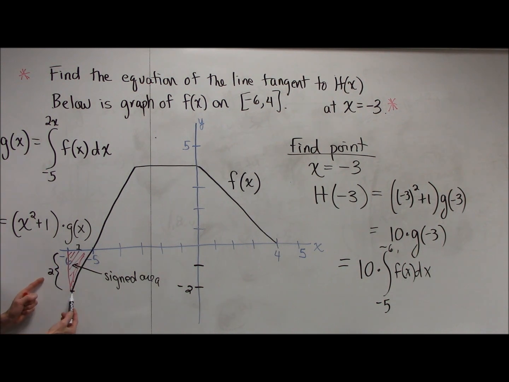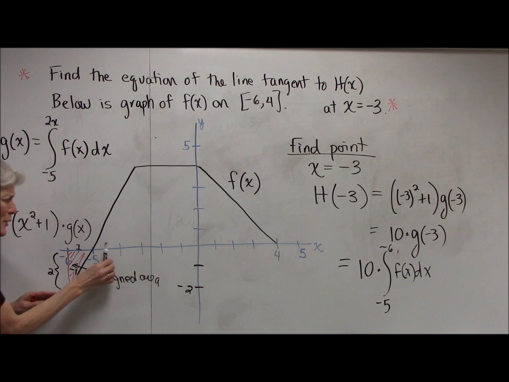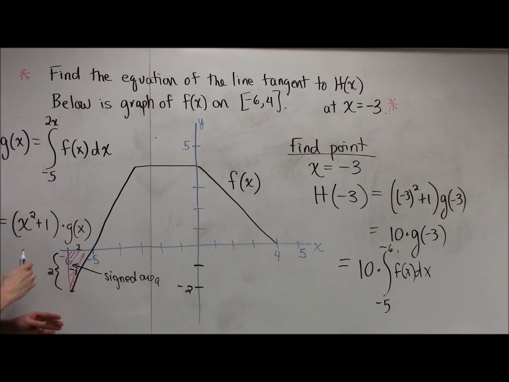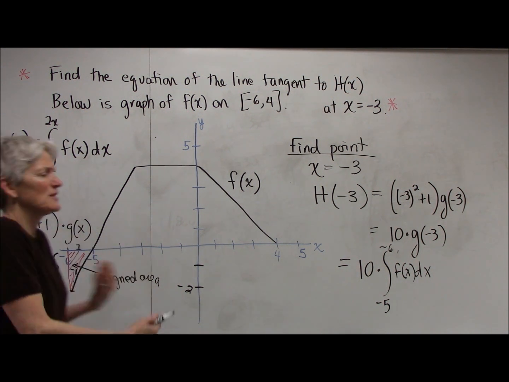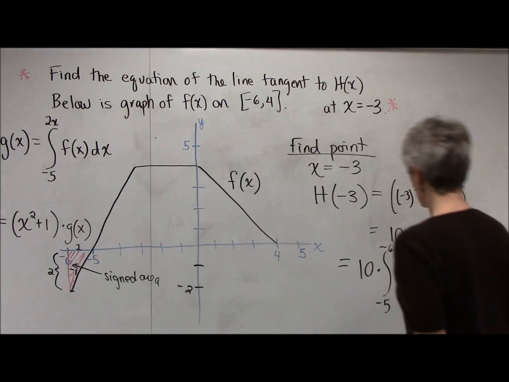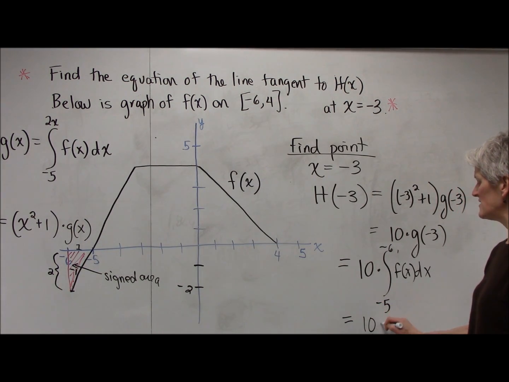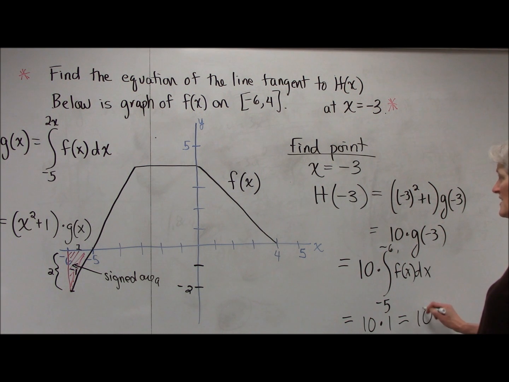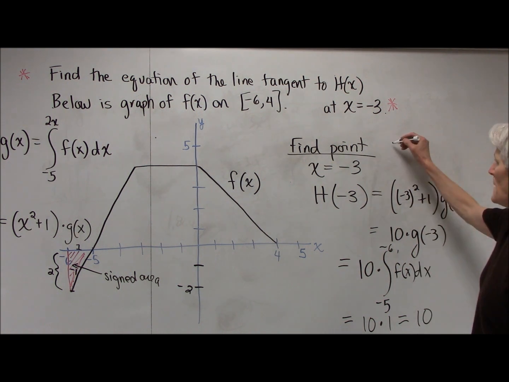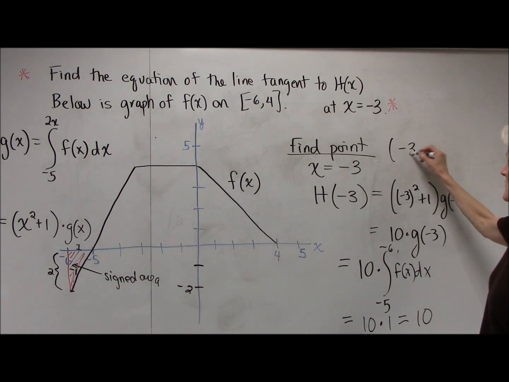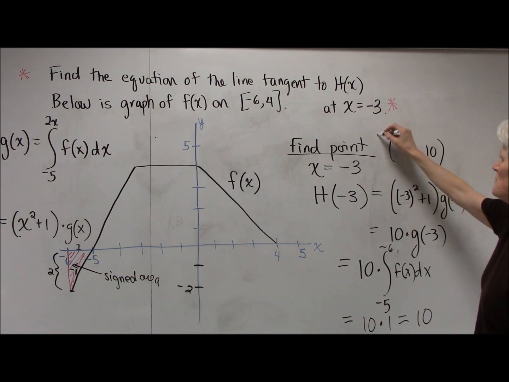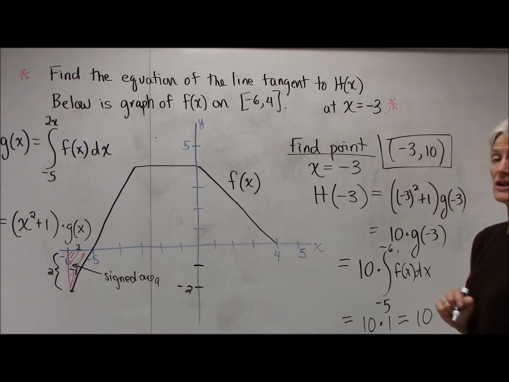So 1/2 base times height is going to be 1. Now it's -1 because the area is below the x-axis. But I'm going from -5 to -6, so that becomes a +1. So this is going to end up giving me 10 times positive 1, or 10. So my point so far is negative 3, 10. That is a point on my tangent line.